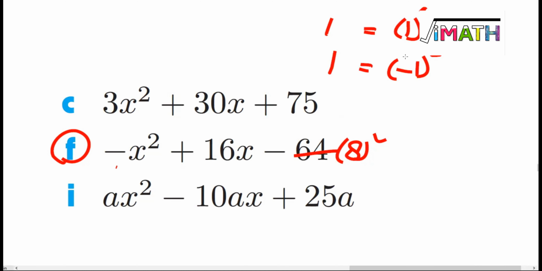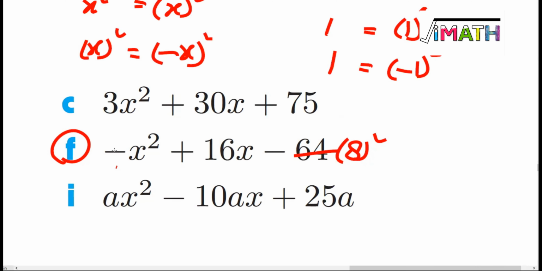So in the same way, if I have x squared, I still would get x squared. And if I have minus x squared, wouldn't I get x squared as well? Yeah, so it would be like if I just write positive x squared here, it would be the same thing.